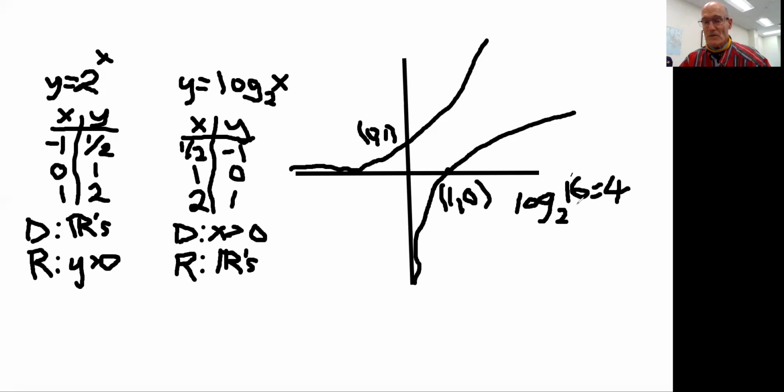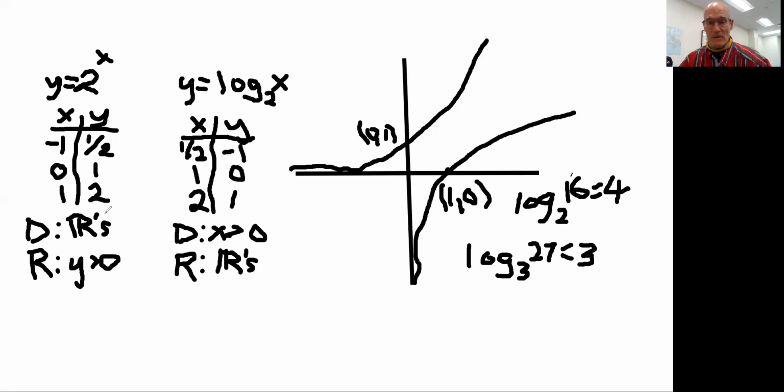So log base 2 of 16 is 4. Similarly, if I do log base 3 of 27, I'm asking what power do I raise 3 to get 27, and the answer is, of course, 3, because 3 cubed is 27.